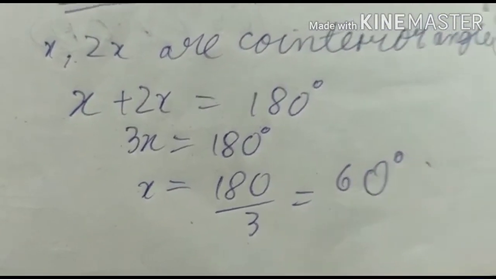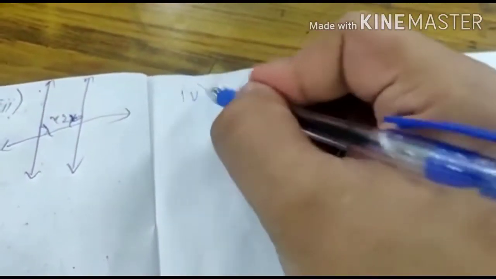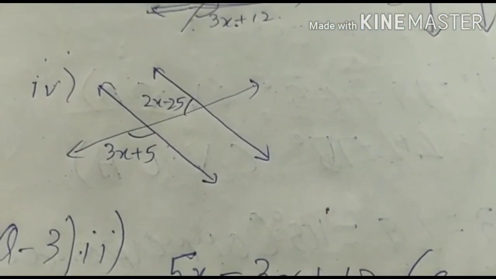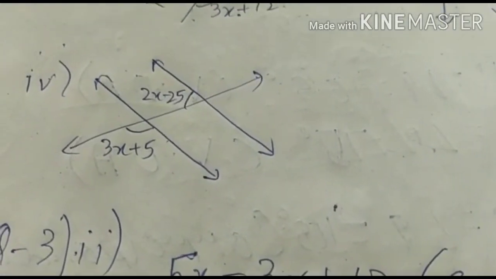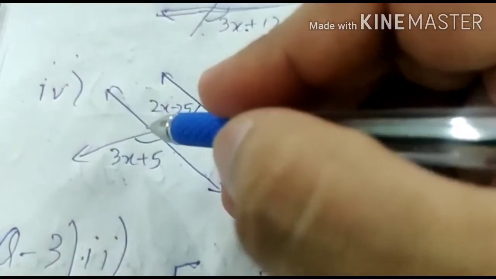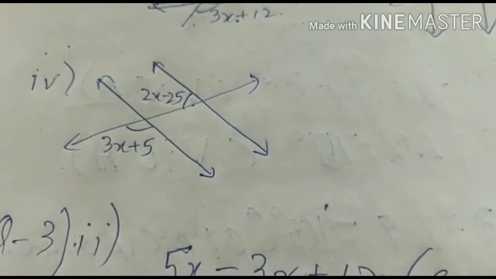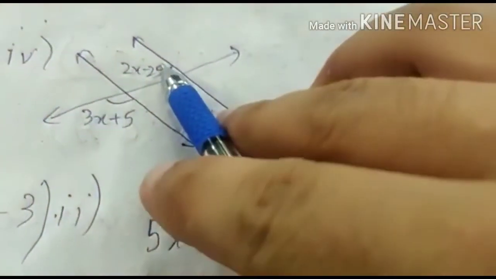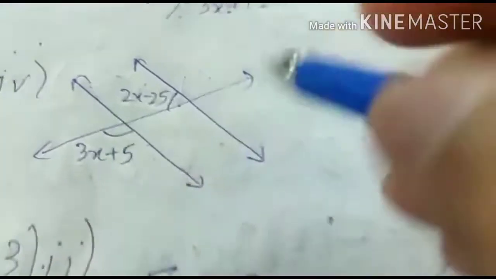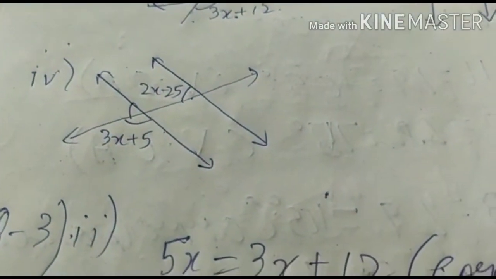Okay, moving forward, our next question is this. Question number 3, 4th part. Okay, do copy the diagrams in your notebook. So in this question, look, if we see this angle is equals to this angle, corresponding.